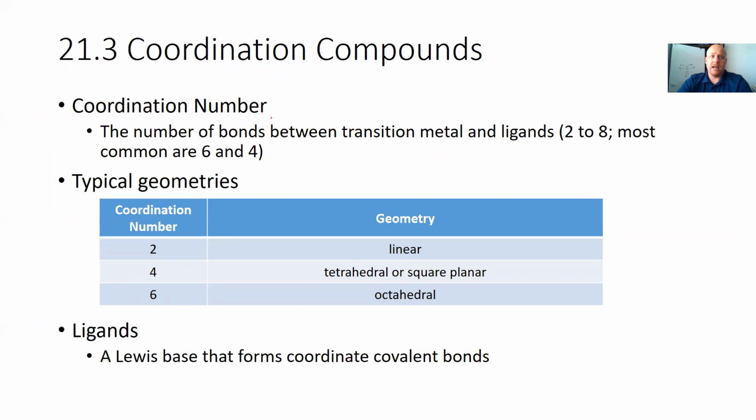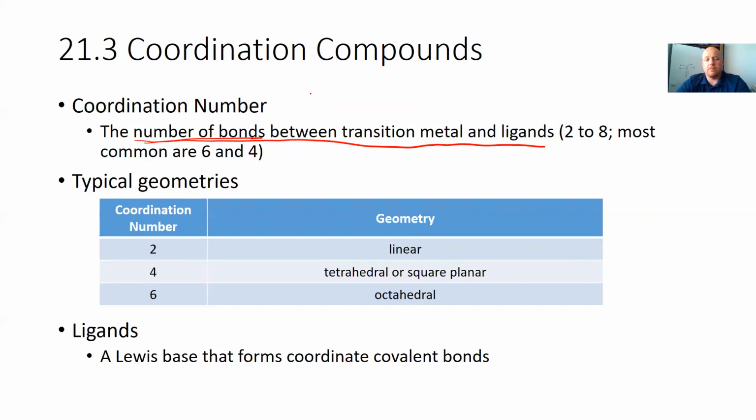The coordination number is, as you can see, the number of bonds between the transition metal and ligands. This is similar to the steric number that we did back in VSEPR theory, but it's not exactly the same thing. The key here is that it's the number of bonds.